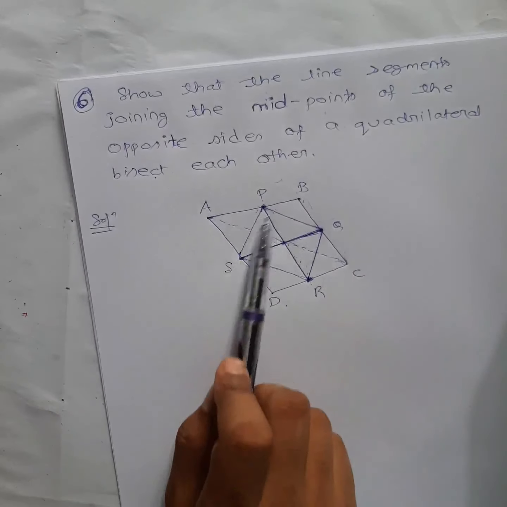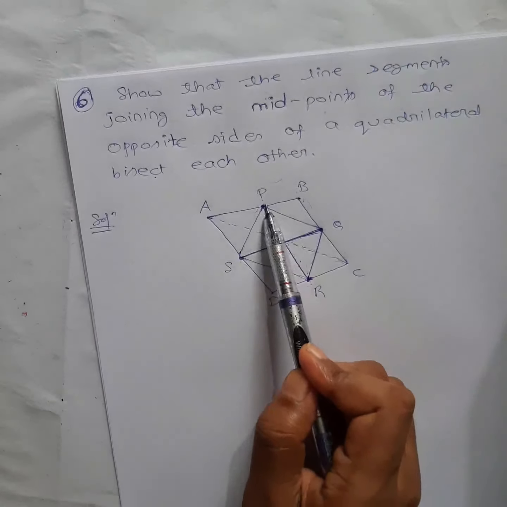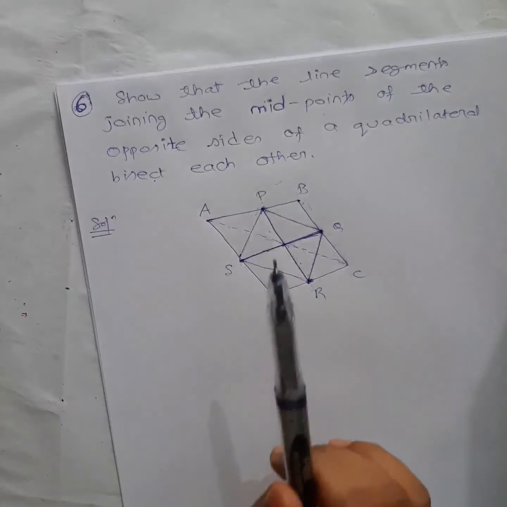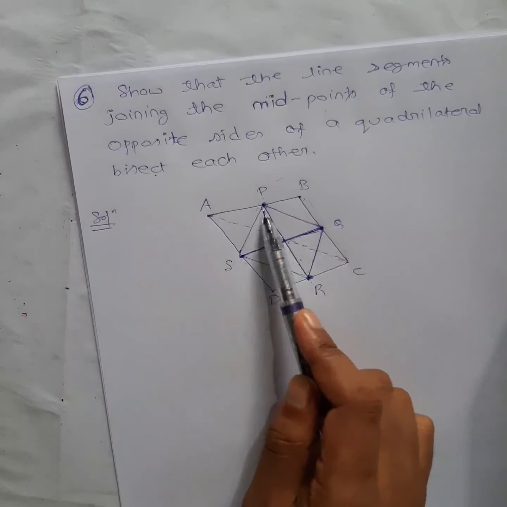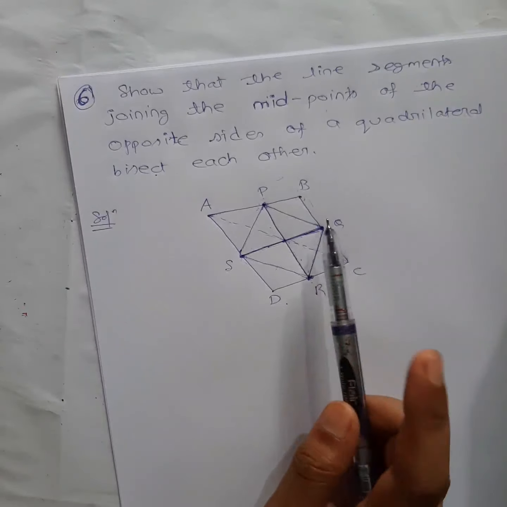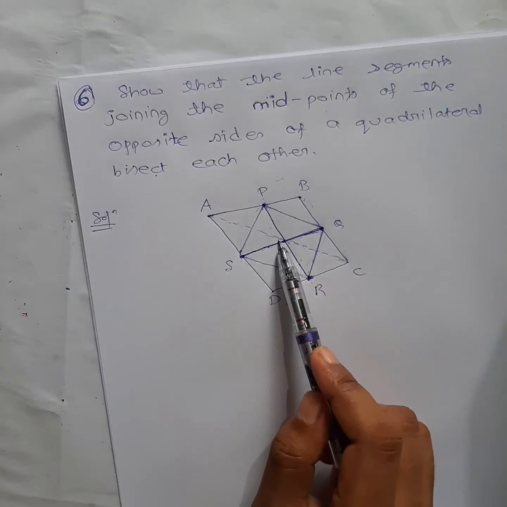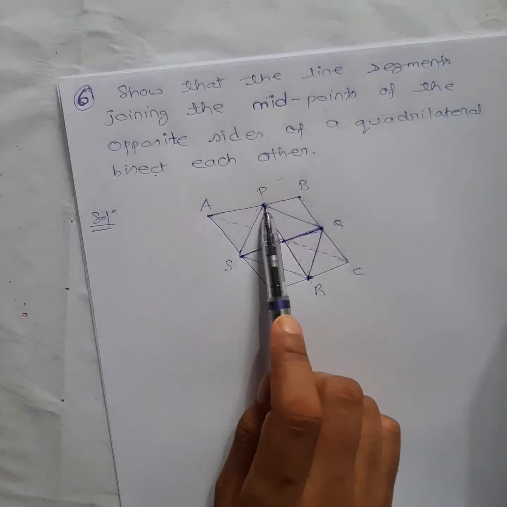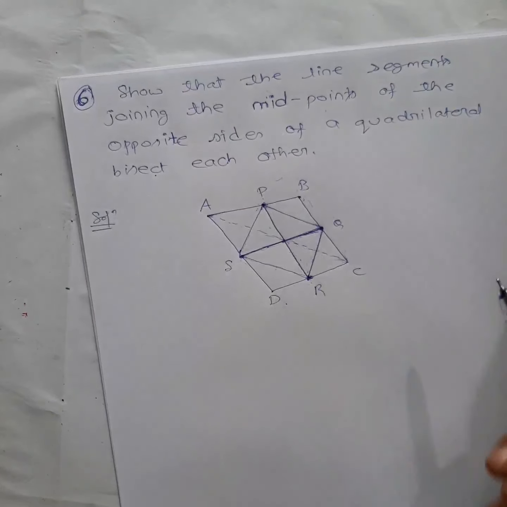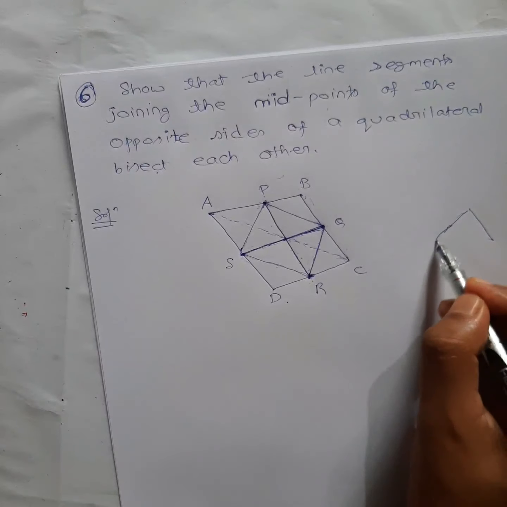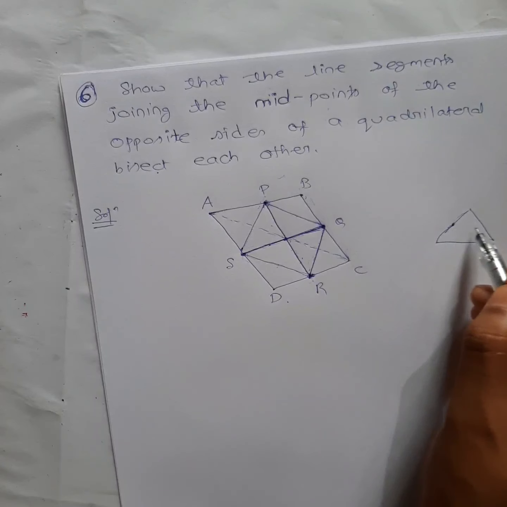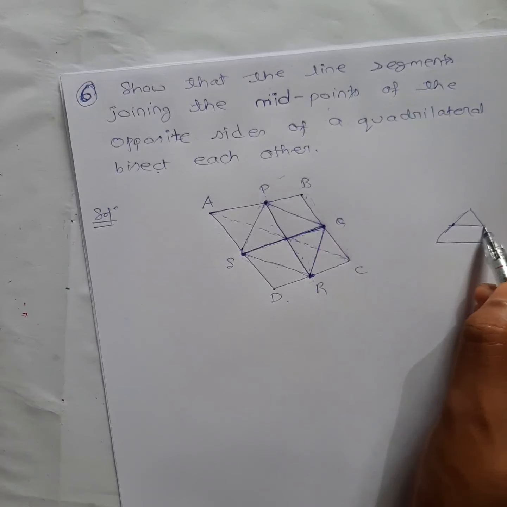The reason is you have the midpoint theorem, which says that the line joining the midpoints of two sides of a triangle is always parallel to the third side.